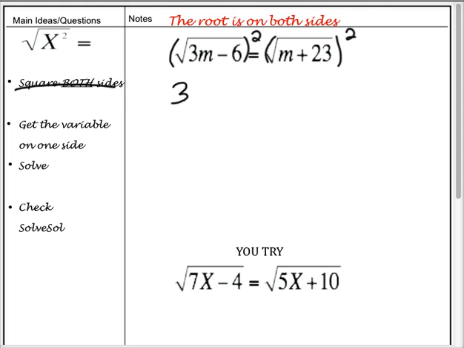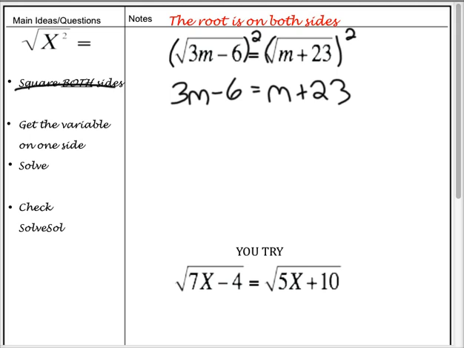When you square a square root, you just get back whatever was inside. So both of the square roots just disappear. Now we have this.